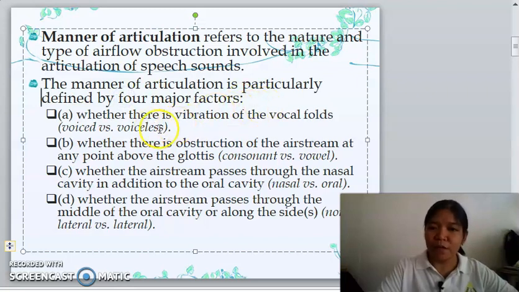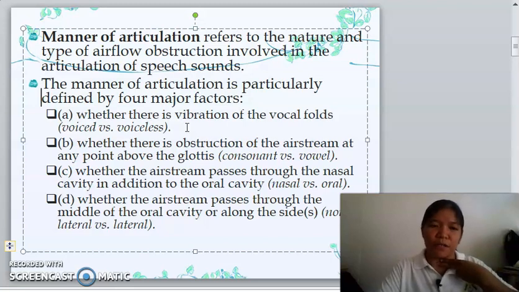First one, whether there is a vibration of the vocal folds, or we call it voiced and voiceless. For example, it is determined when you put your two fingers on your throat and produce the sound of a word. For example, the sound of B, B, B. When you feel there is a vibration, then it is called voiced.